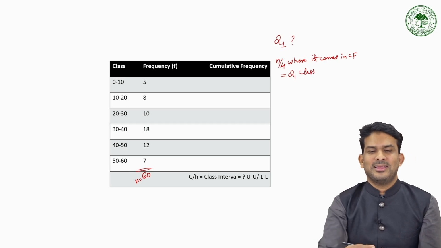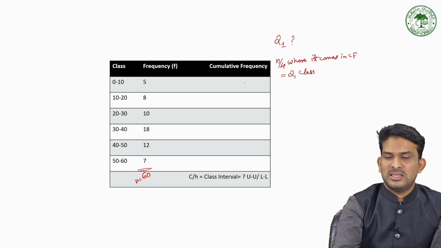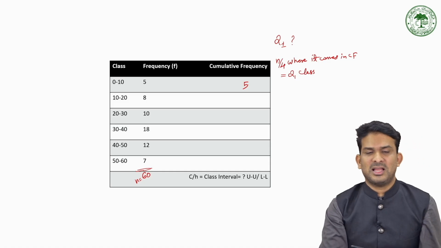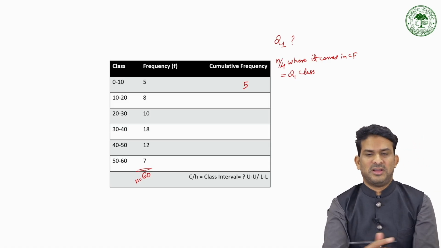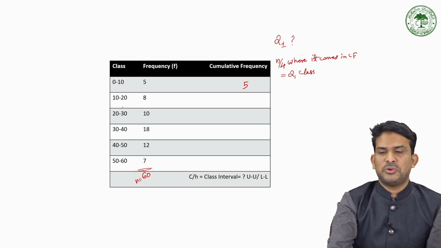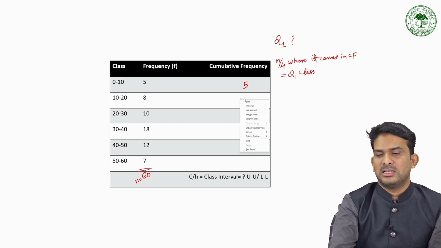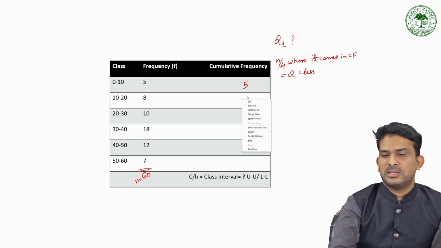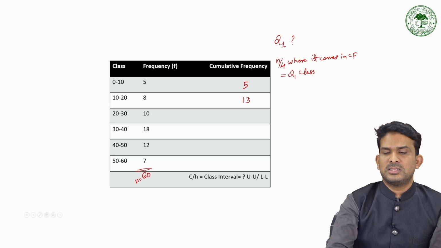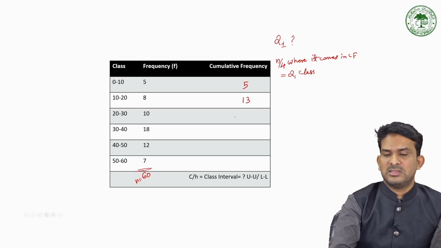Yes, see, I'm writing the cumulative frequency. This is 5, the first class frequency, that is less than 10. How many measures are there? 5. Next, less than 20: 5 plus 8, it is 13. Next is 13 plus 10 for the class less than 30, that is 23.